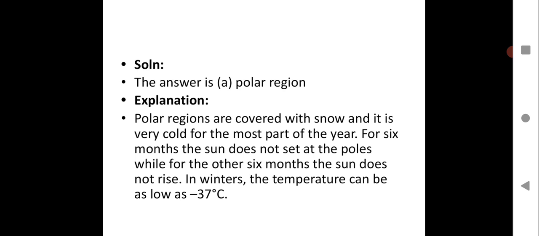In winters, the temperature can be as low as minus 37 degrees Celsius. So low temperature, can you imagine? The temperature of the refrigerator in your fridge is between 0 to 5 degree. So minus 37 degree is too low a temperature, extreme cold.